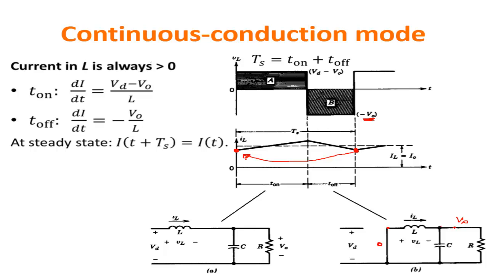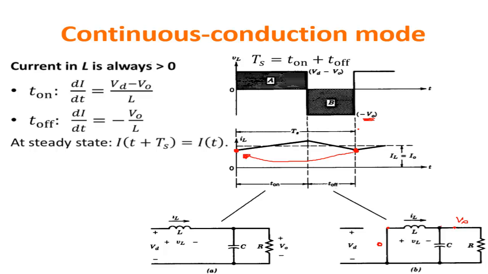The current at the end of the cycle through the inductor must be equal to the current at the beginning of the cycle, and this means that the increase in current during T on must be equal to the decrease in current during T off. If we equate the two, we can obtain a relation between the output voltage and the input voltage.